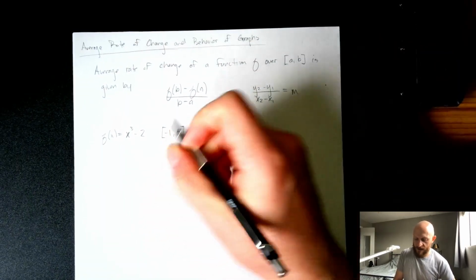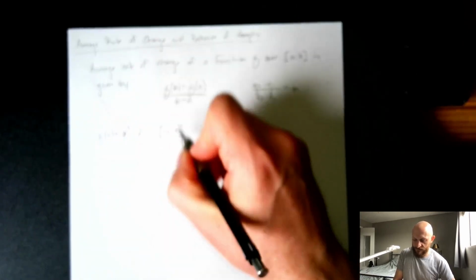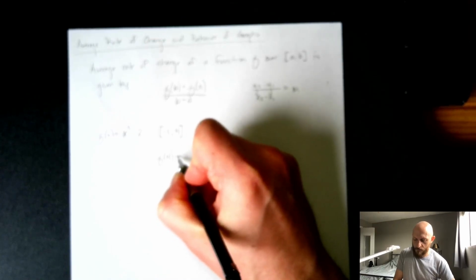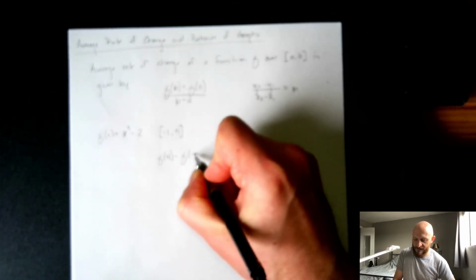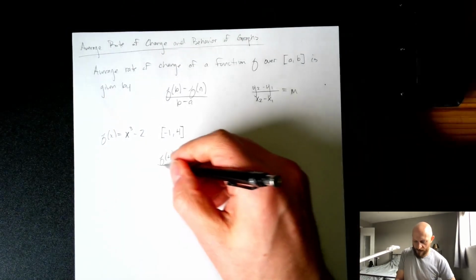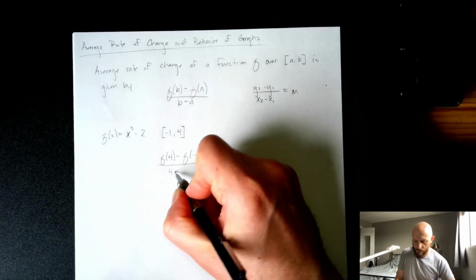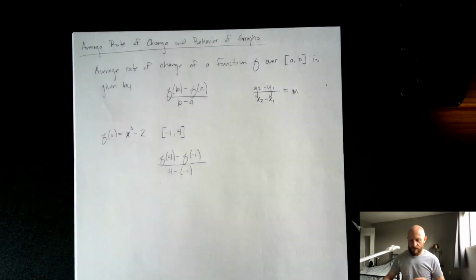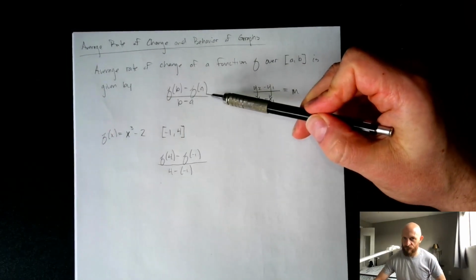So we're looking at f of b, where b is 4, so we want to find f of 4 minus f of -1 divided by 4 minus -1. We're just plugging things into our original formula.